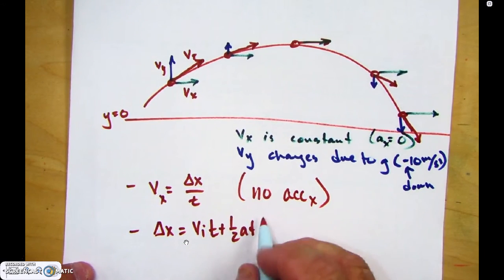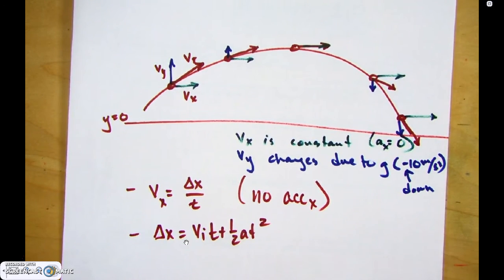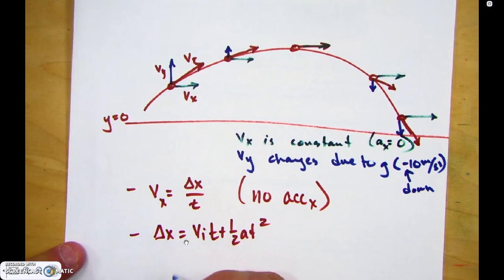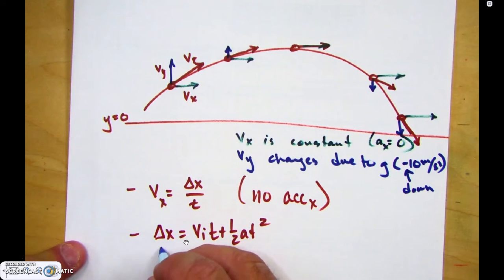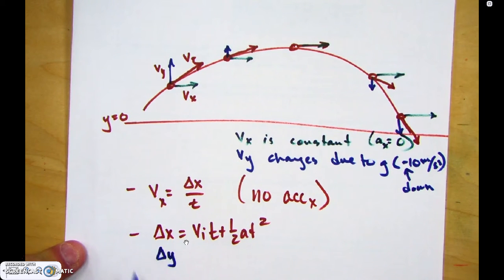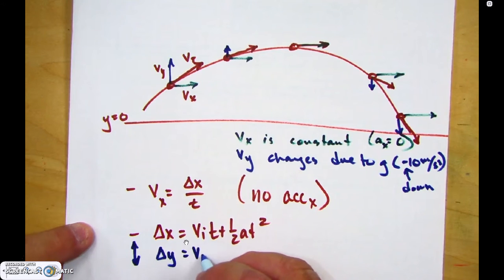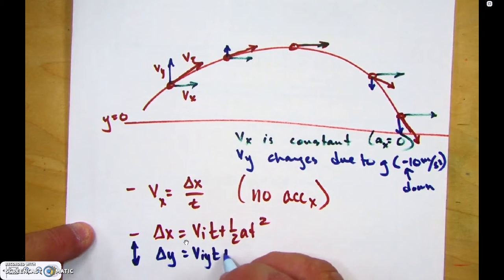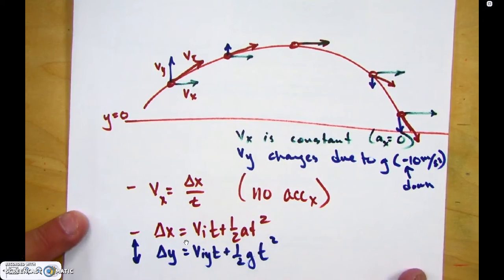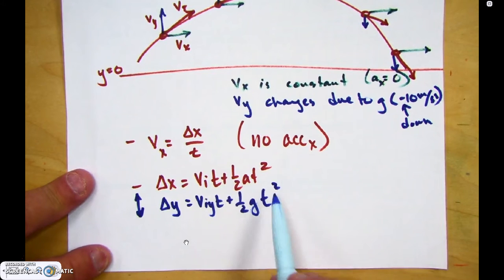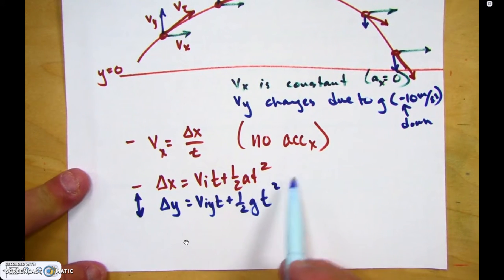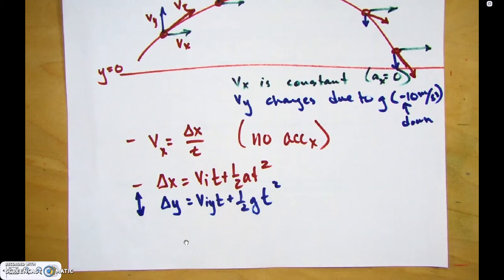Let me slide it up a little bit. We're going to change it slightly, and I think this helps you to think about it this way. What it really is is delta y, because we're talking about what's happening in this direction. So it's equal to Viy times t plus 1/2 gt squared. Now, on the AP equation sheet, the formula is going to be closer to this. They're not going to give you this additional formula.